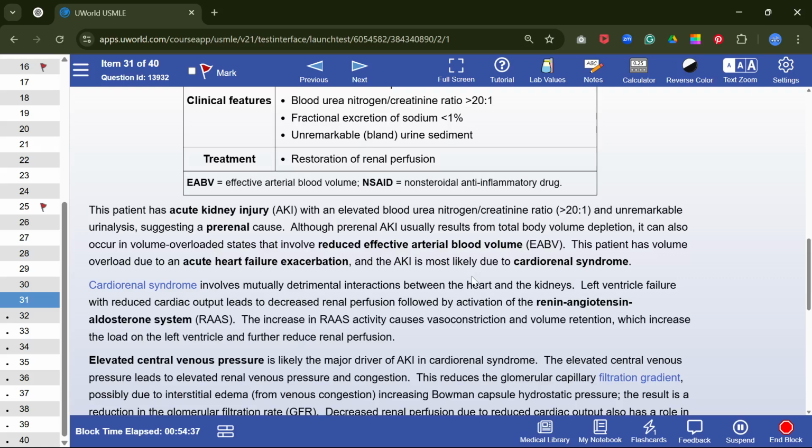Left ventricular failure with reduced cardiac output leads to decreased renal perfusion, followed by activation of the renin-angiotensin-aldosterone system. The increase in RAAS activity causes vasoconstriction and volume retention, which increase the load on the left ventricle and further reduce renal perfusion.